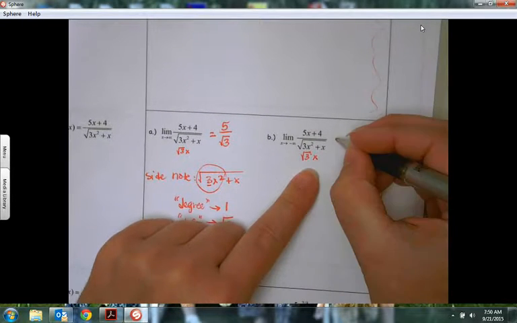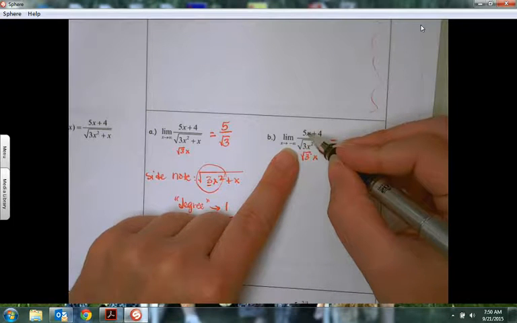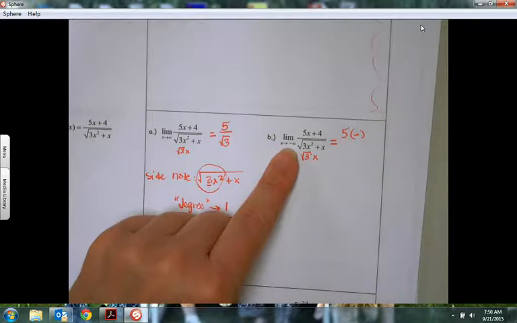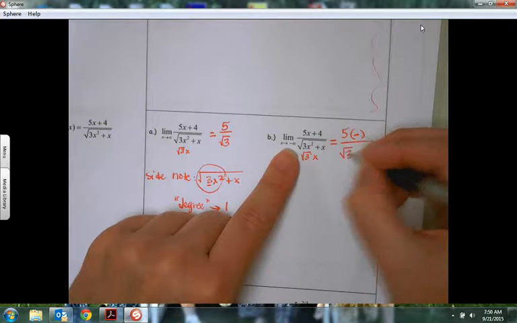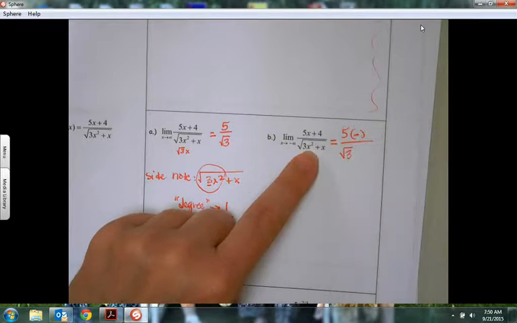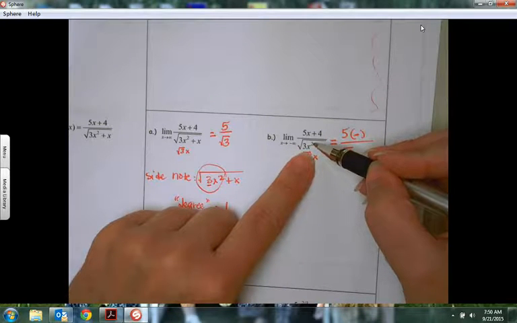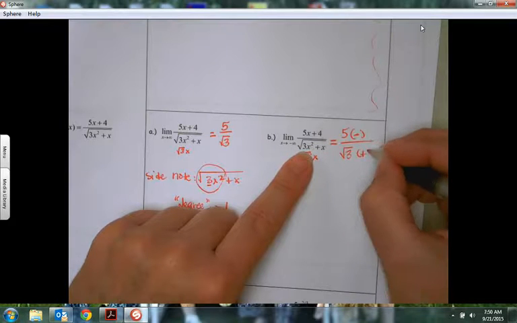Now let's look over here. It's a little bit different. As I go to negative infinity, I still have a 5, but it's times a negative. And down here, as I go to negative infinity, I have my radical 3, but I have to look before I reduce. So this would be a negative squared, which would become a positive, and a positive square rooted is still a positive.